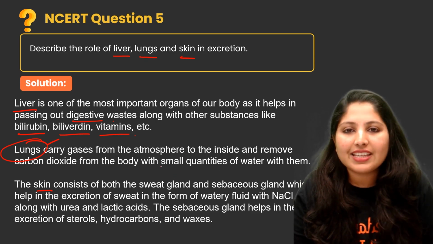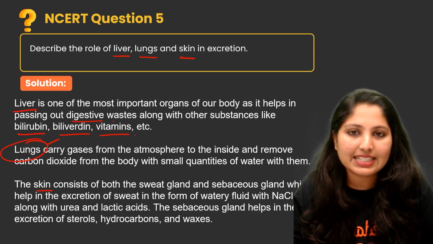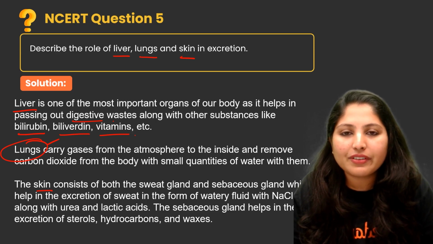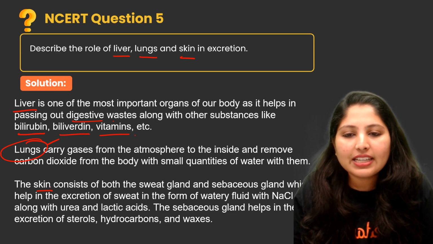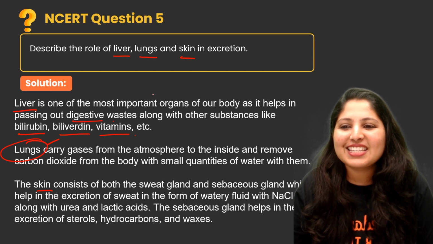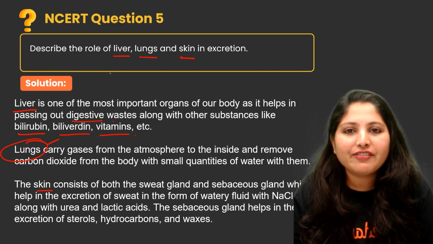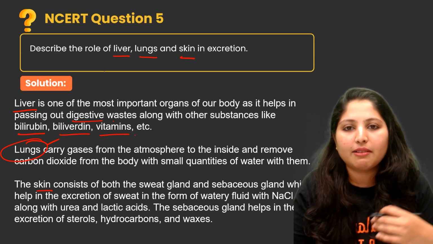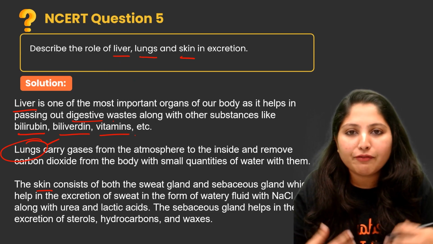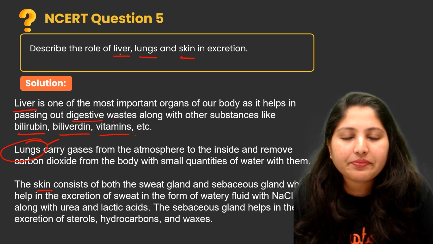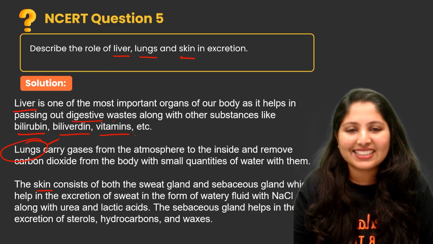So these wastes will be released through the skin. So this is about excretion of nitrogenous waste or the particles which are harmful to us by the liver, lungs and skin.